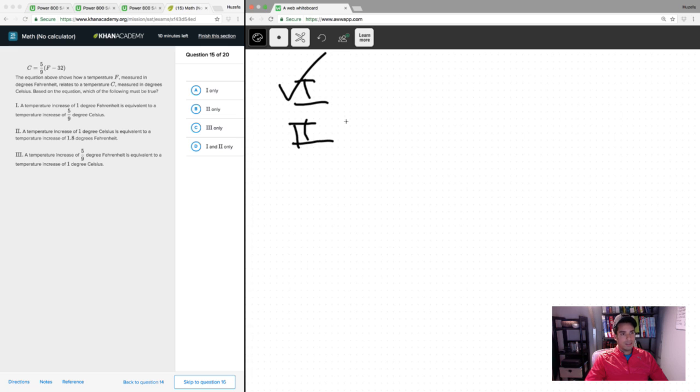I'm going to actually isolate Fahrenheit by multiplying both sides by 9/5. So we get 9/5 C equals F minus 32. We can add 32. It doesn't matter. But bottom line is, now what's happening every time Celsius is going up by 1, is Fahrenheit going up by 9/5? Yes, right?